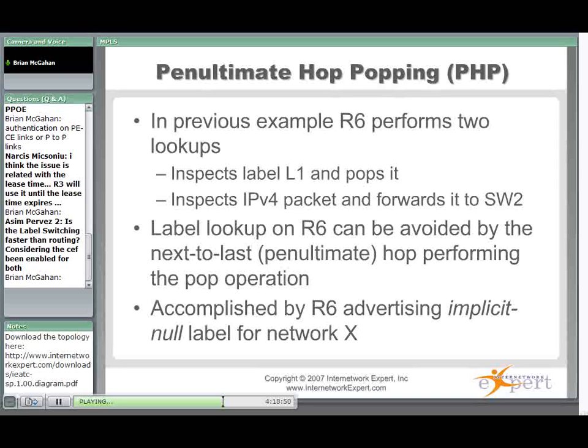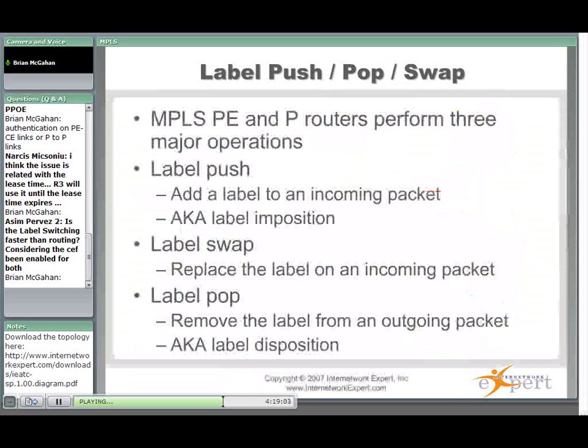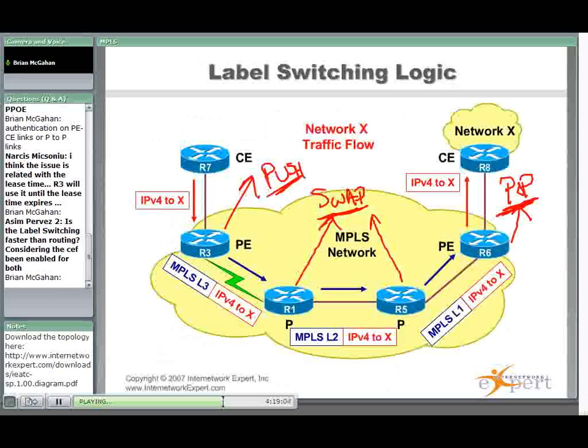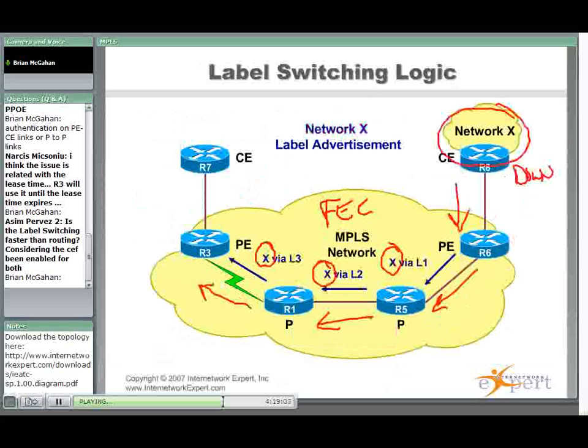So now what we need to do is do our regular IP version 4 routing lookup. So we look at either the CEF table, or the route caching table, or the regular routing table, depending on what type of switching mechanism we're doing. Okay, so we do that lookup, we see that the packet needs to go out to router 8, so we go ahead and encapsulate it on that interface. So in this case, router 6 is actually performing two different lookups. It's performing the MPLS lookup, and it's performing its regular IP version 4 lookup.